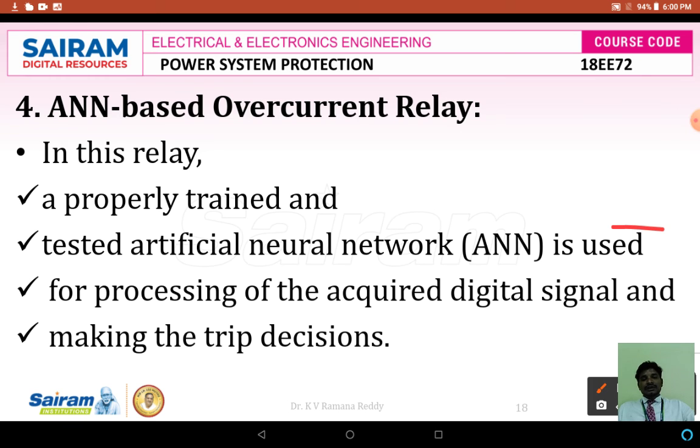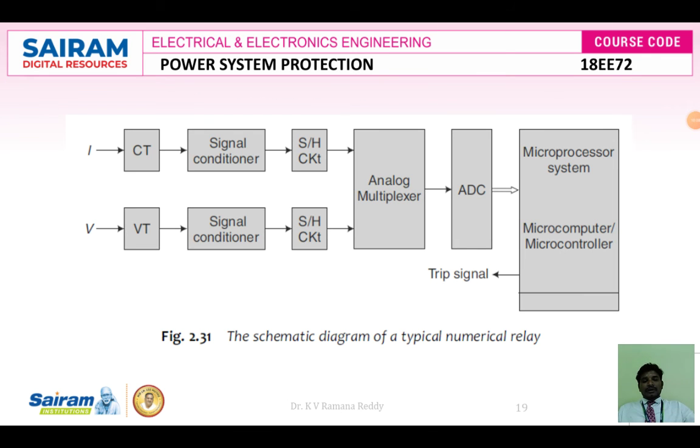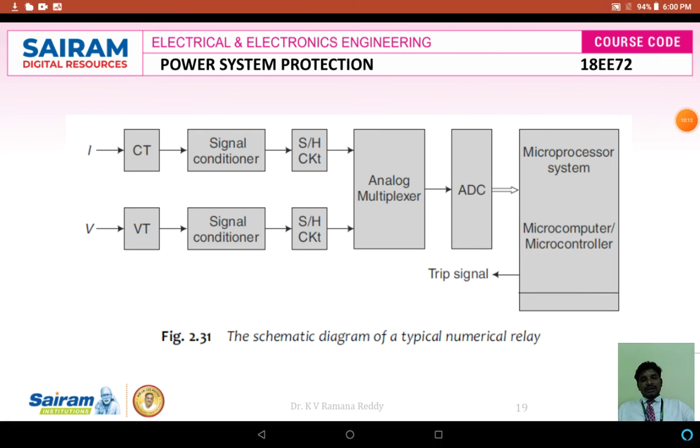Now consider the basic block diagram of a typical numerical relay. In this figure, we take two actuating quantities as reference. One is residual current and the other is residual voltage, simply called fault current and fault voltage. The fault current is taken through the current transformer, and the fault voltage is taken through the voltage transformer.